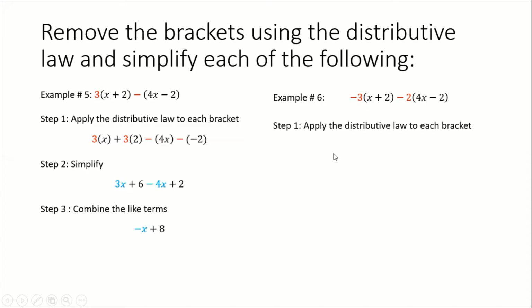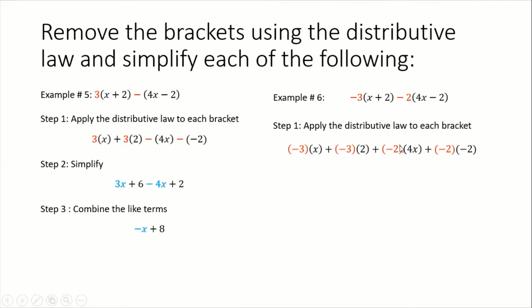So how would you represent this? You would represent this as negative 3 times x plus negative 3 times 2 plus negative 2 times 4x plus negative 2 times negative 2.